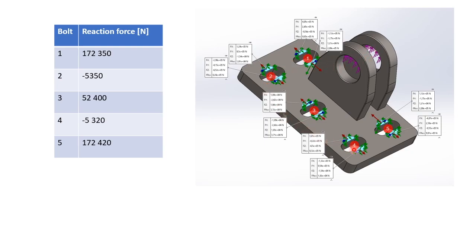But what we saw, this is done in a SolidWorks simulation using the FEA method, was that the bolts in 1 and 5 took a very large amount of the force, because they are closest to the force, of course, as a reaction force.